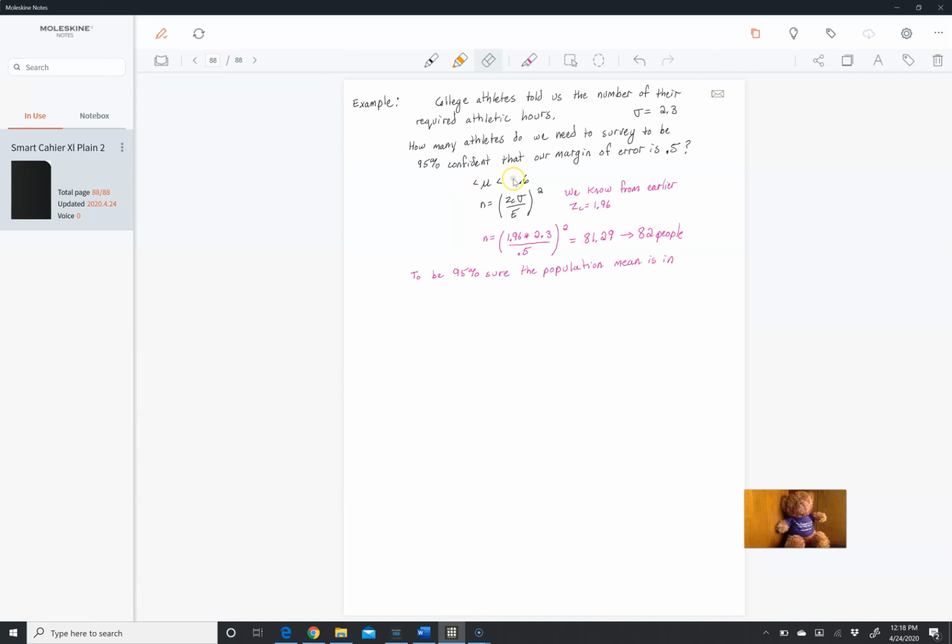What we're saying here really is, I'm going to fix that too, because I don't want to be inaccurate, right? Is that this is x bar minus 0.5, and that this is whatever the mean is plus 0.5. Okay, so what we're really saying is to be 90% sure that the population mean is within 0.5.